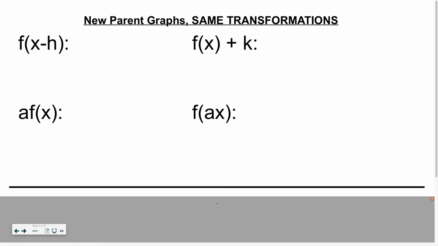So f of x minus h moves it left and right. Remember, if it looks like x minus h, it's going to the right. If it looks like x plus h, it's going to the left. So h looks like the opposite still.